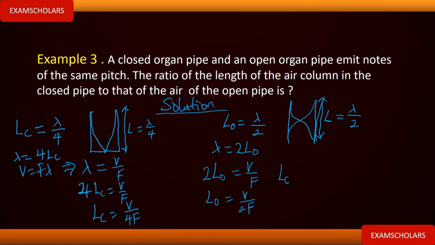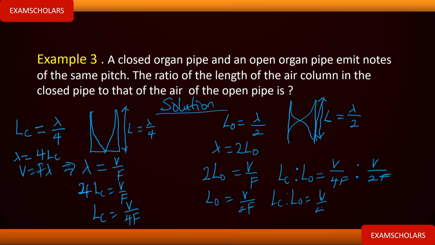All right. Now, L closed ratio L open will give you what? V over 4F ratio V over 2F. Okay. Now, between 4 and 2, which one is the greatest? 4 is the greatest, so you can multiply all through by this. We have been doing this.